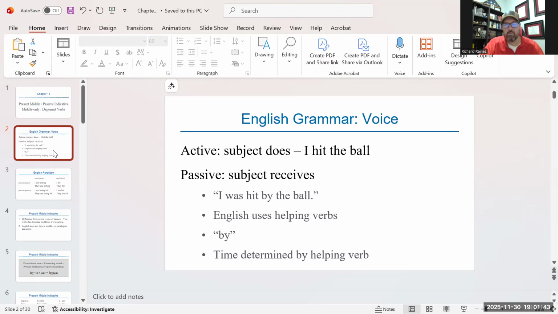I hit the ball is the active voice. I was hit by the ball is the passive voice. In English, we use helping verbs like "was" and "by." I was hit by the ball. I was hit by the car. And so time is determined by the helping verb. So we have active and we have passive.